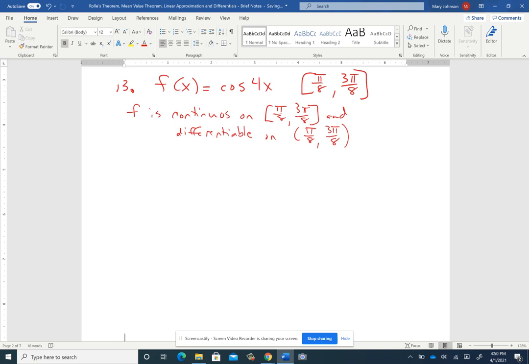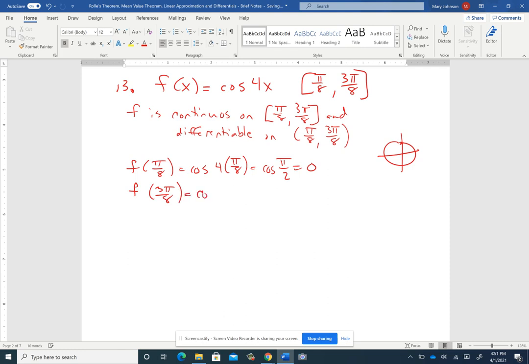Okay, now we have to check the endpoints and see that they're equal to one another. So we're going to do f of pi over 8. And when we put a pi over 8 in there, we get cosine of 4 pi over 8, which is pi over 2. Think about your unit circle. It's up here, which equals 0. Now, the endpoints don't always have to equal 0, but they need to equal the same thing for Rolle's theorem.